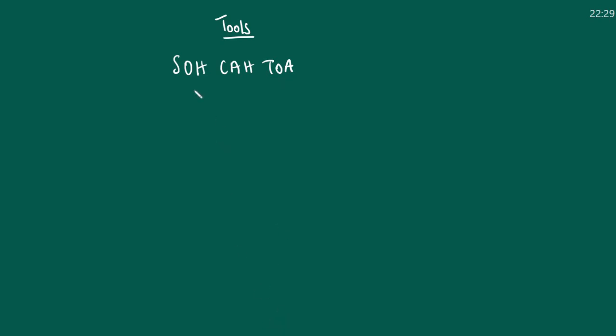Again, remember, we're going to need our CAST diagram. Let's remember that this is called the first quadrant, and then this one here is called the second quadrant.